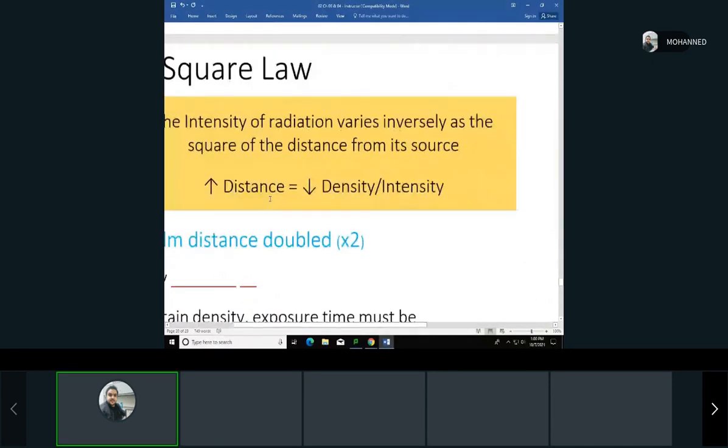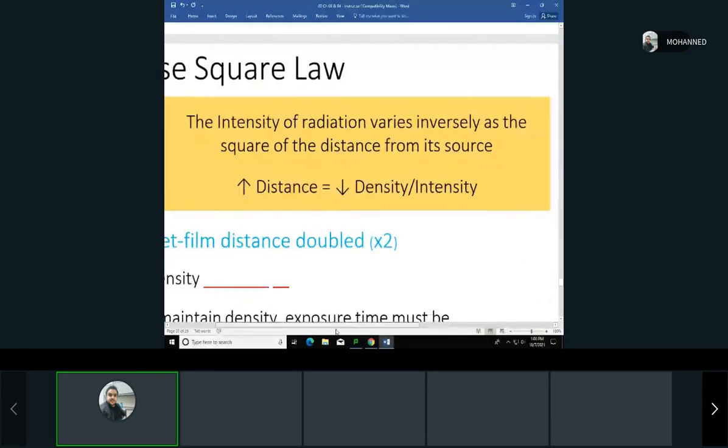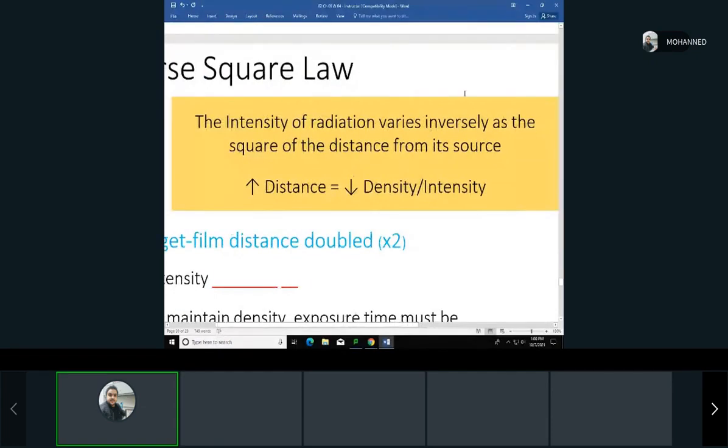The intensity of the radiation varies inversely as the square of the distance from its source. So that means the more distance, the more the X-ray is away from the object, the less the intensity, right? Just like a light.